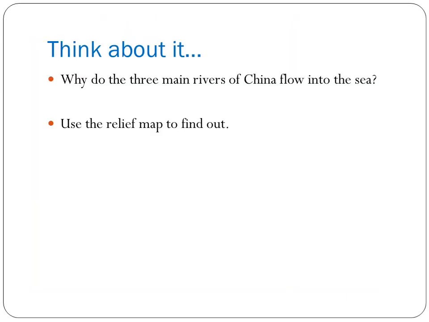Why do the three main rivers of China flow into the sea? Well, you need to think about that. Use a relief map to find out. Look at it carefully: where are all three rivers originating, and why are they flowing into the sea? Think about the heights of different parts of China. It's a hint.